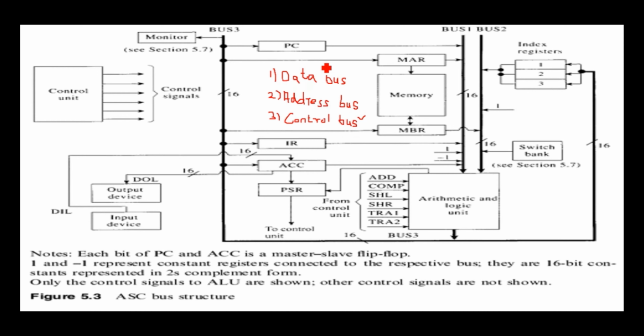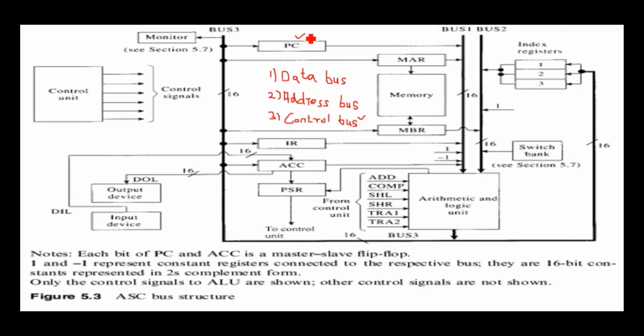So now we will discuss this figure. This figure is showing a complete bus structure for our 16-bit computer system. We all know that whenever the instruction fetch process is being discussed, the PC will have the address of the first instruction.